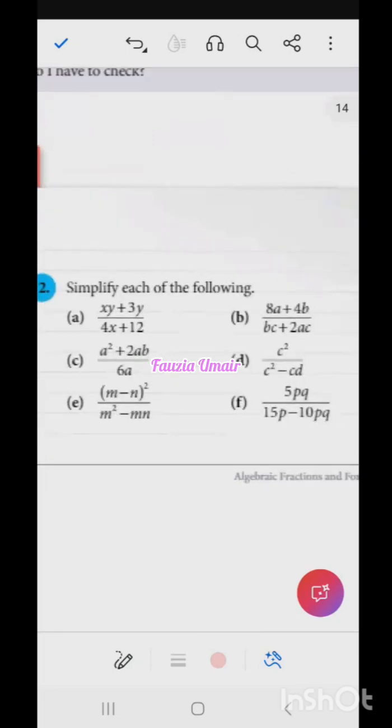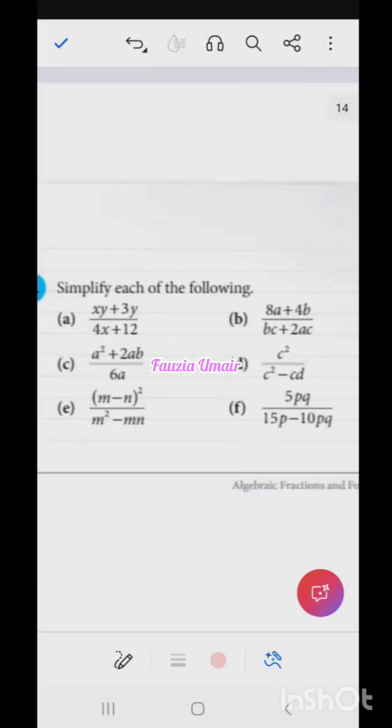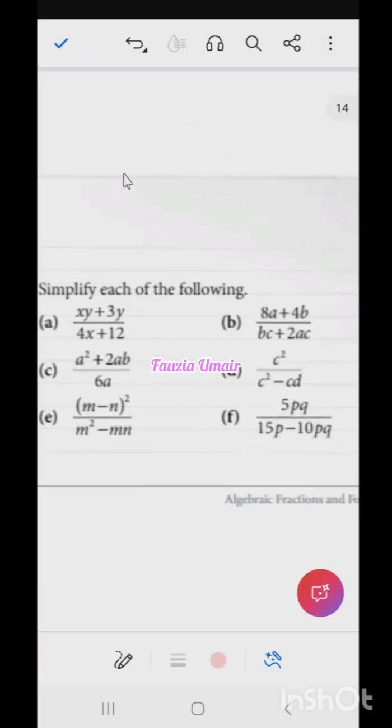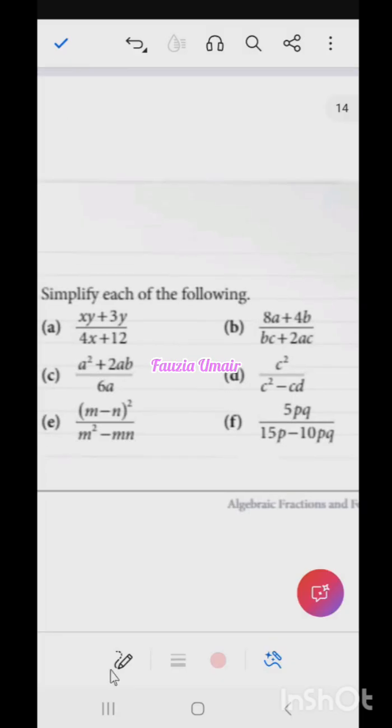Now there are binomials, so it means the factorization is required, right? We need to see which different factorization methods we can apply. Let me give you a quick recall of factorization. The most basic factorization is taking the common out, right?